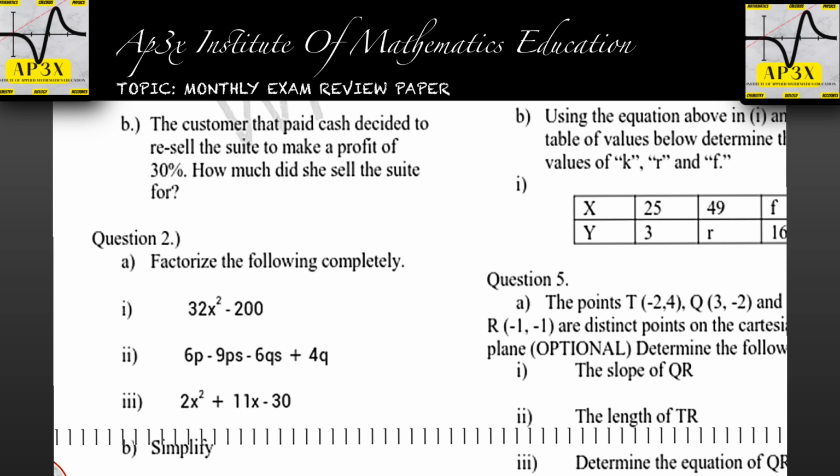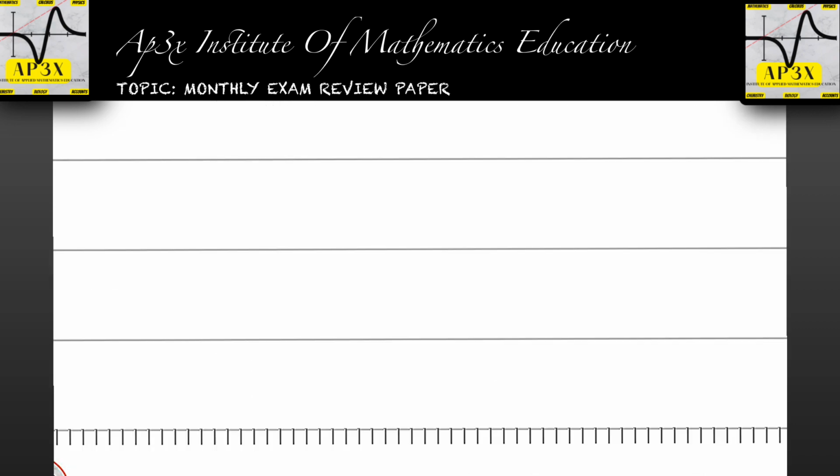So she basically has spent $45,920. Now she wants to sell the item to make a profit of 30%. So there's two ways you can actually work this out.